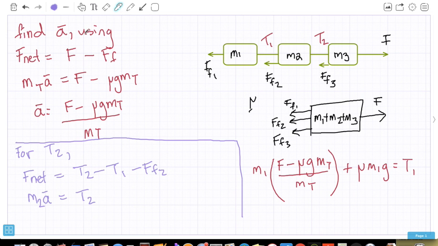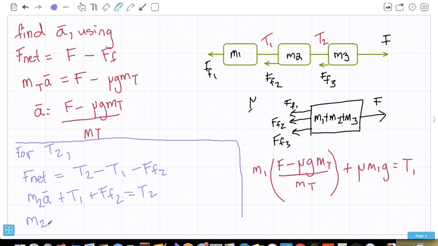And actually what we'll do is we'll solve for T2. So I'll move back here a bit. So we're going to add T1 to the left side, and then we're also going to add FF2, and that's equal to T2. So A is equal to this, because the acceleration of the blocks must all be the same, just like in question 9.